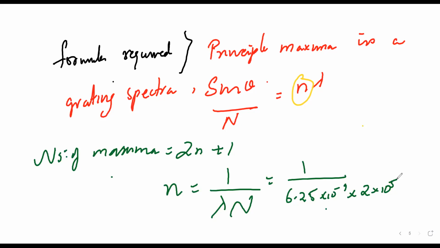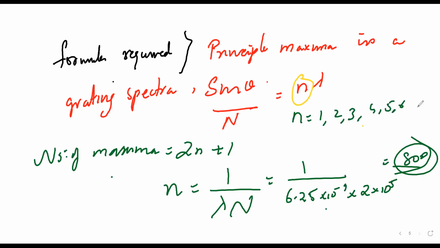So we will be getting something around 800, I think. But if I'm getting N value as 800, N is basically the energy level. Energy level we know as N equal to 1, 2, 3, 4, 5, 6 and so on. More than that, we have not studied, up to energy level 800.